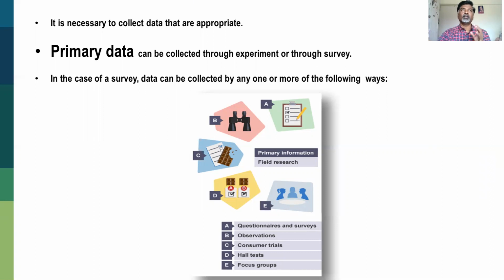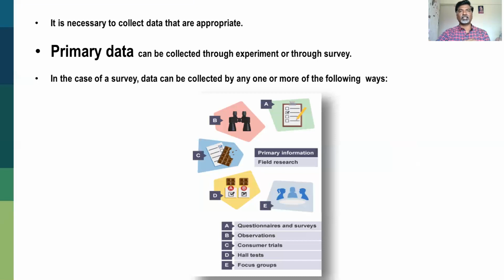You have to decide what primary data you have to collect for your research, and what tool you have to use: whether a questionnaire, a schedule, on-site observation, or interviews. You have to decide which technique to use in the case of collecting primary data.